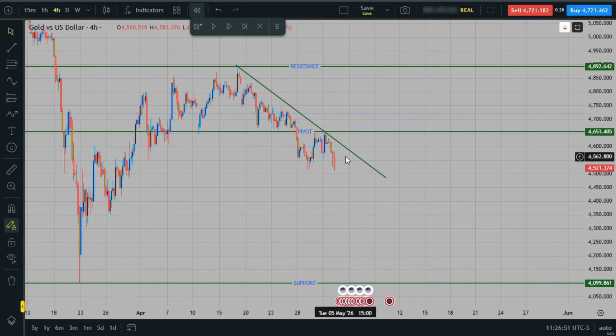I was waiting for price to come to my trend line here, then either break this trend line and continue up, or come to this trend line and reverse downwards. So I had patience, and then I moved to the 15 minutes time frame.